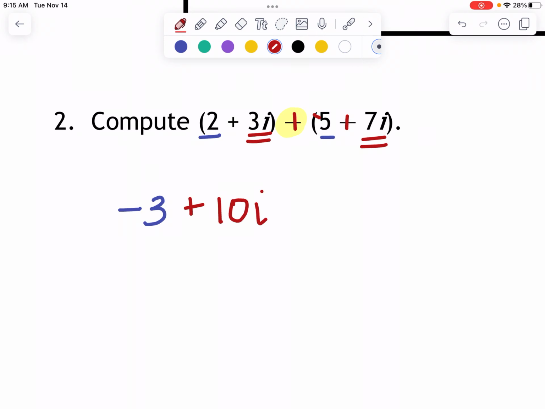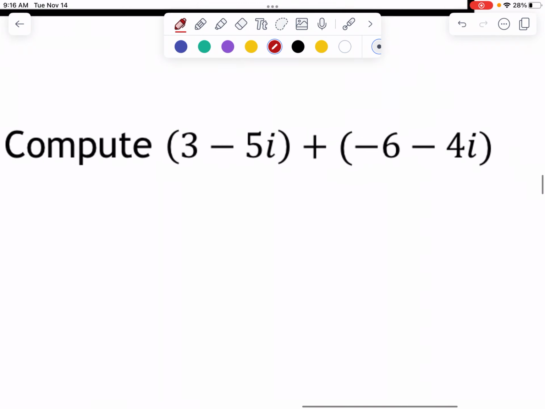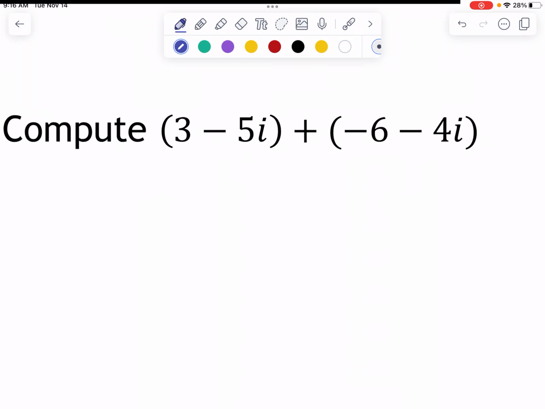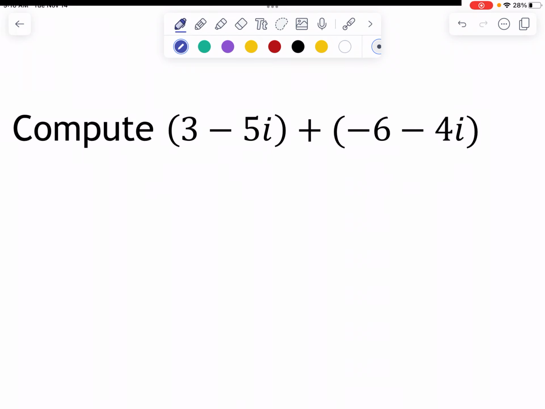This time through, we're going to be adding. Okay, pause the video, see if you can try this one out on your own, and we'll compare. All right, welcome back. Let's see if we can combine some like terms. So I'm seeing a real part hanging out at 3 and -6. If I add those together, I have a -3. I see my imaginary parts hanging out here.